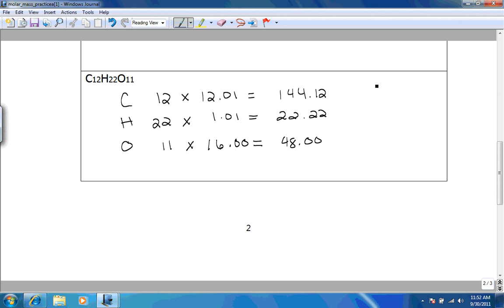We're going to add these 3 numbers together now. Oops, sorry. That comes out to be 342.34.